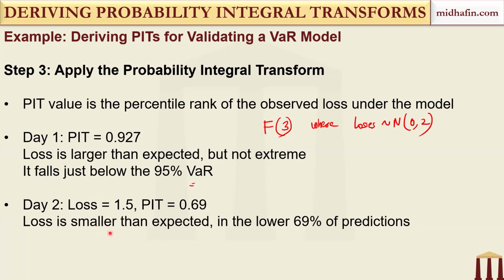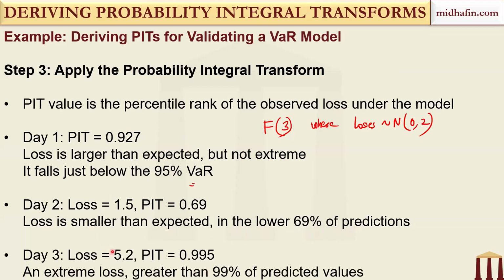So this loss is quite small, in the lower part of the distribution. Let's say on day 3, the observed loss is 5.2. In this case, PIT becomes 0.995, which is an extreme loss, greater than 99% of the predicted values, a very extreme case.